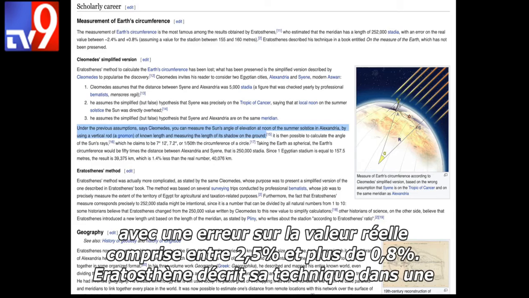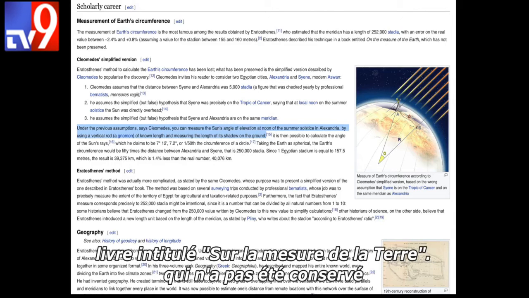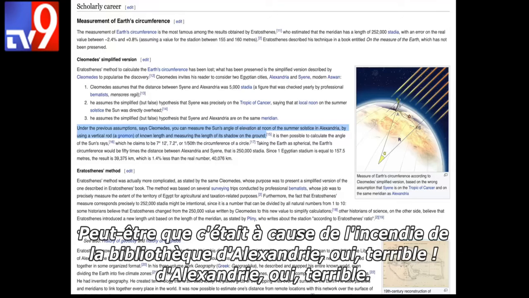Eratosthenes described his technique in a book entitled On the Measure of the Earth, which has not been preserved.